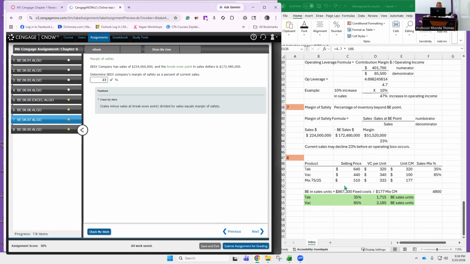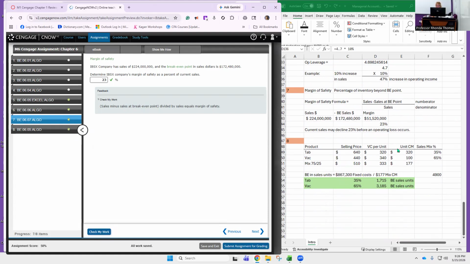Okay, number 7, this is the margin of safety. Margin of safety is, what is the break-even point? Let's record the sales. So we have sales of 224 million. We subtract the break-even sales dollars, and there's the margin that we have. That's the extra sales we did beyond break-even sales.